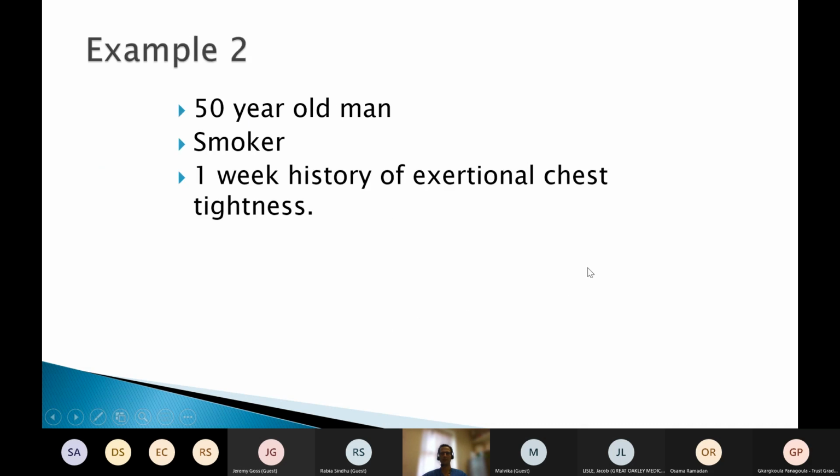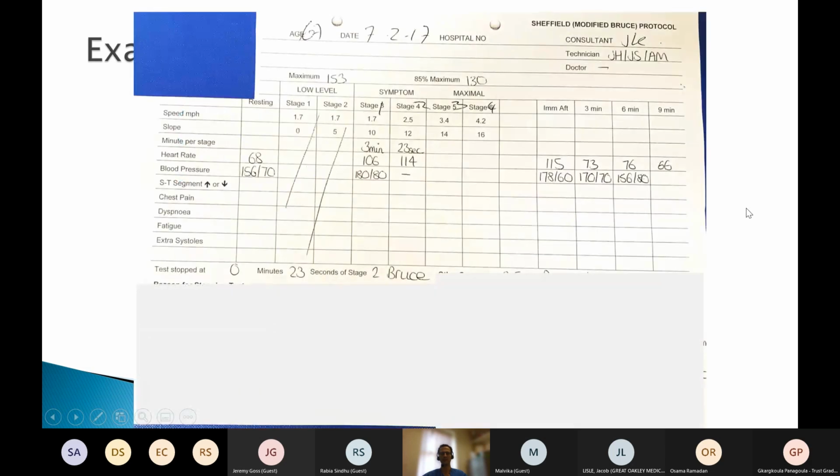Let's move on to another example, this time of a 50-year-old man who's a smoker with a week of exertional chest tightness. So this time round, he's managed 3 minutes, 23 seconds. His heart rate hasn't gone up by as much, hasn't reached the 130.